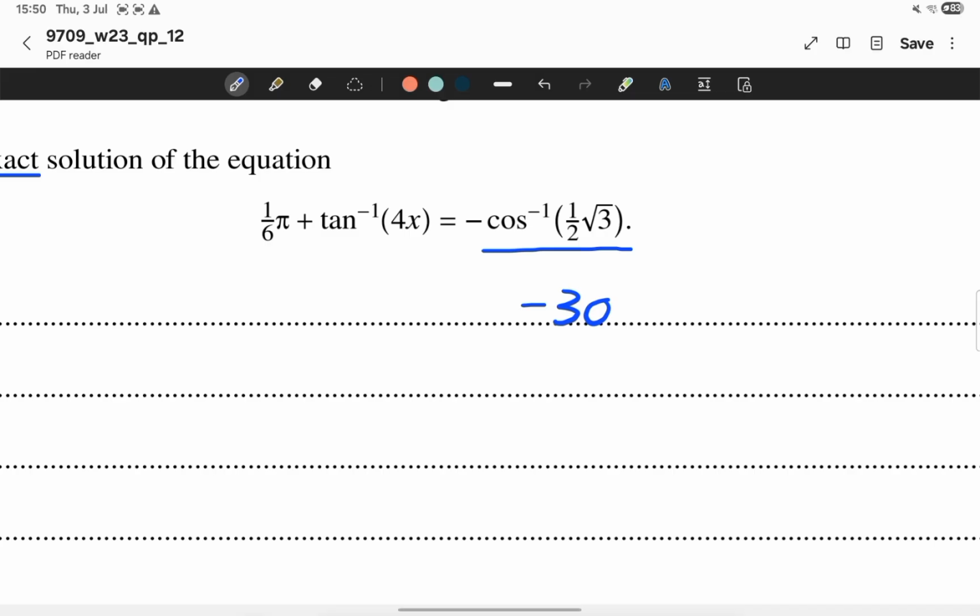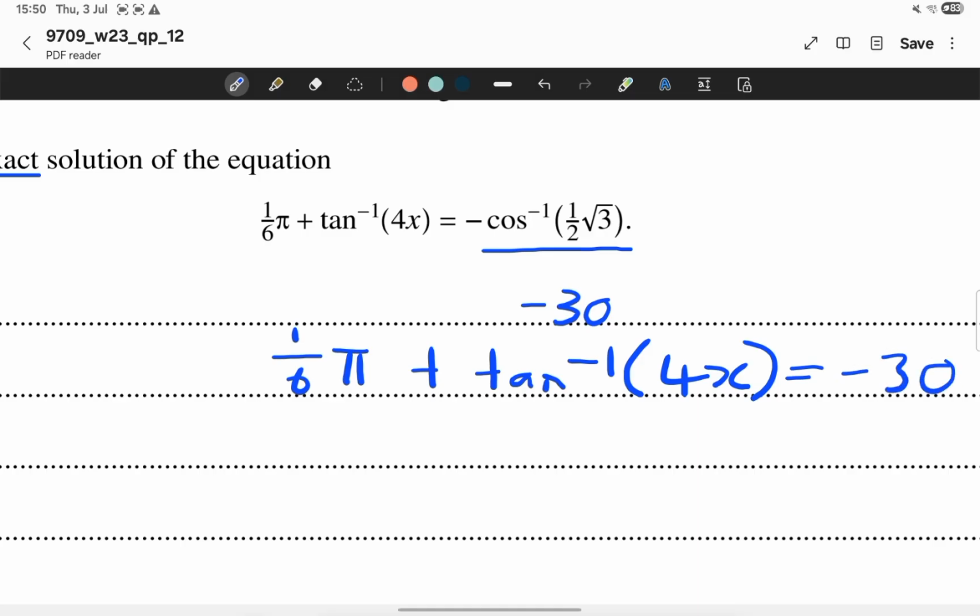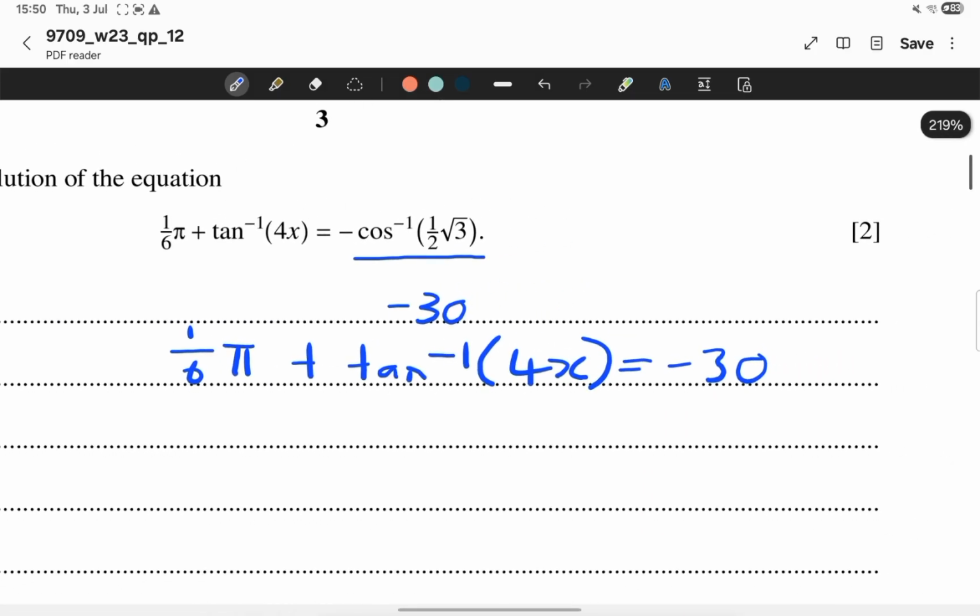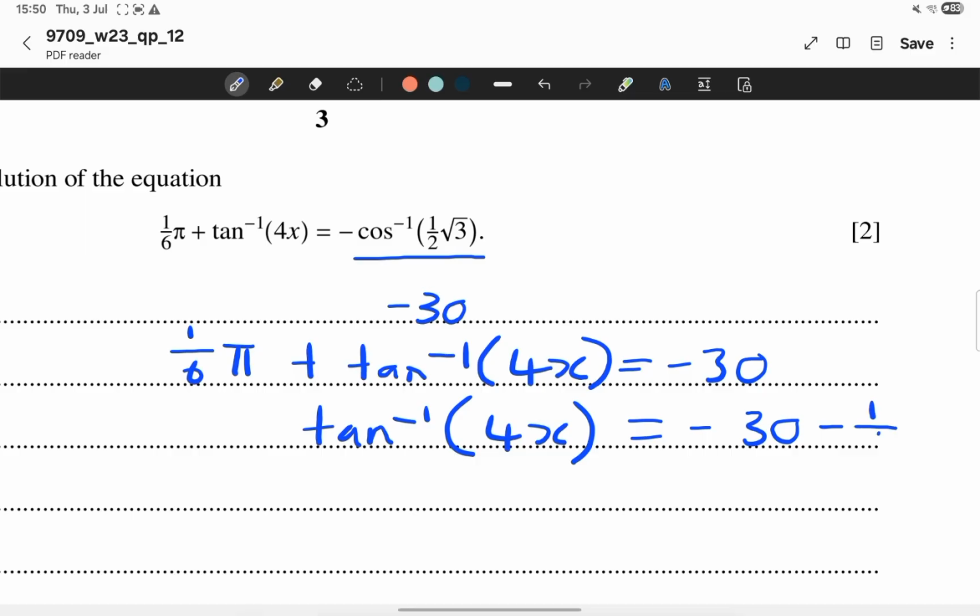So we're saying 1/6 pi plus tan inverse 4x is equal to -30. We take 1/6 pi to the other side, so we have tan inverse of 4x is equal to -30 minus 1/6 pi.